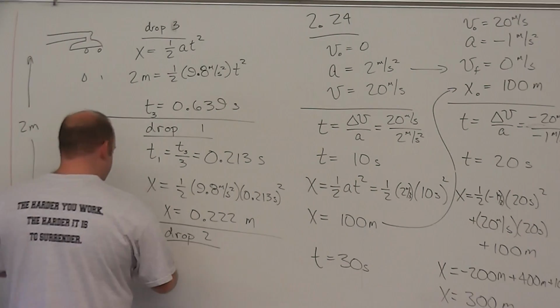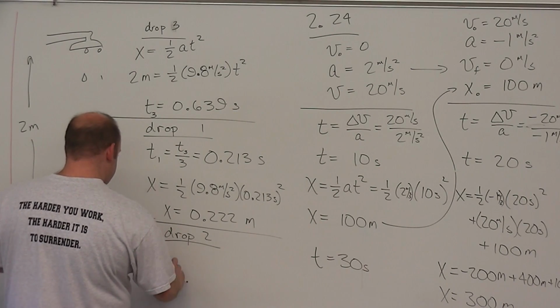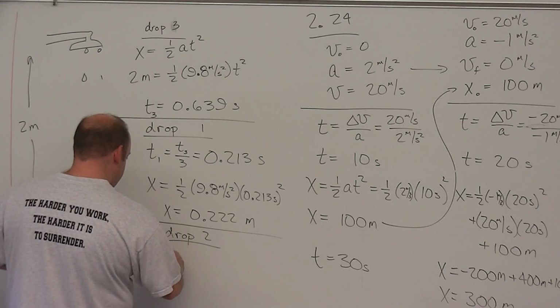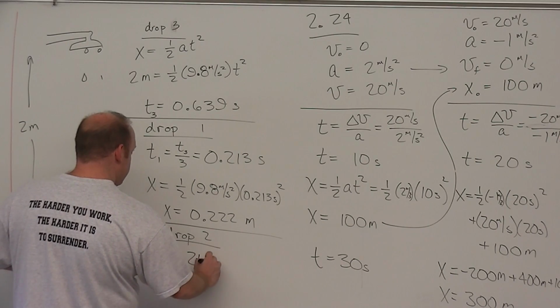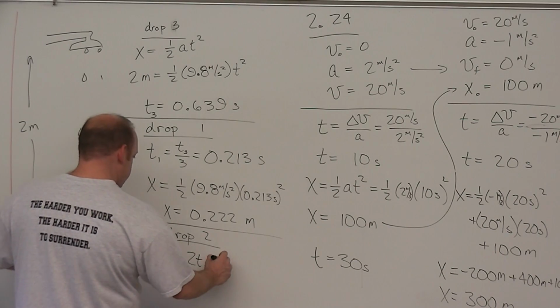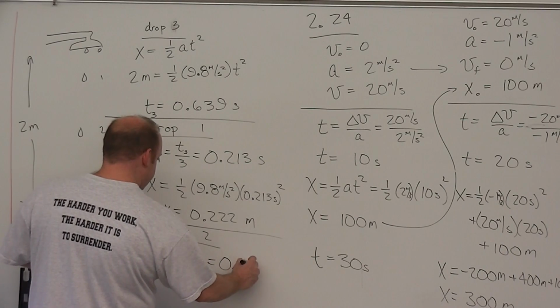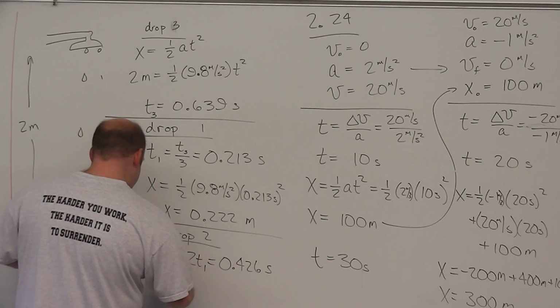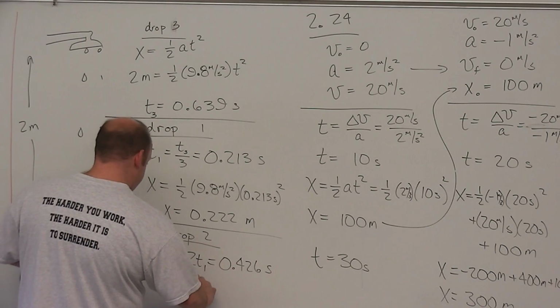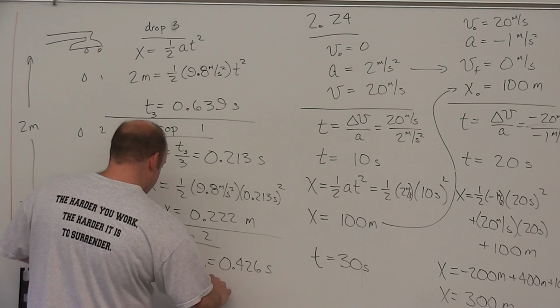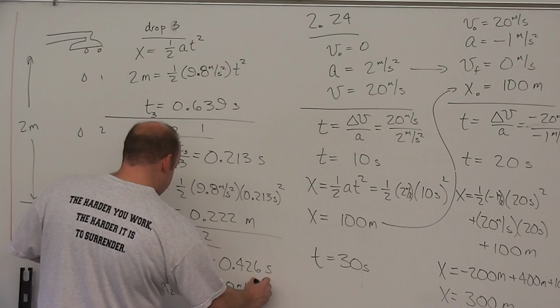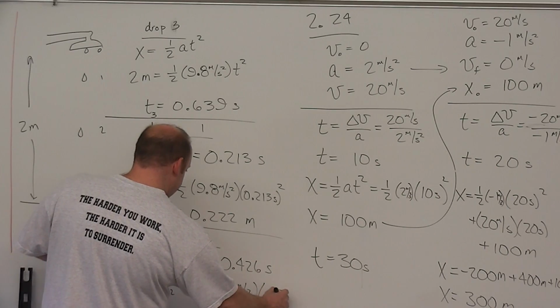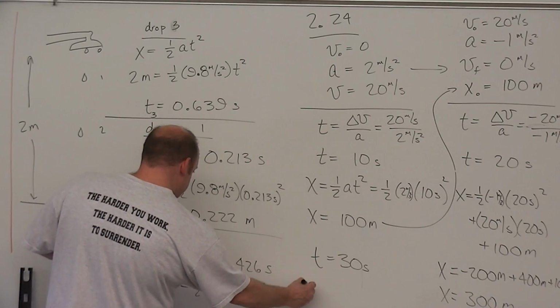T2 will equal 2T1, 0.426 seconds. So x2 is equal to 1/2, 9.8 meters per second squared, 0.426 seconds, squared.